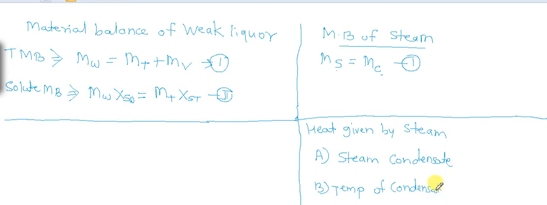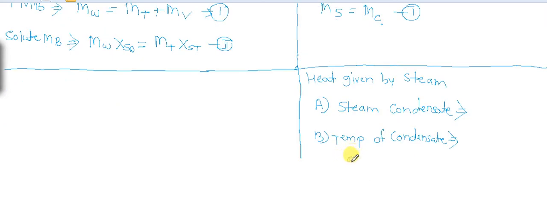So heat given by the steam is in two ways: how much heat is given when steam condenses, and how much heat is given when the temperature of condensate decreases from Ts to T, where Ts is the input temperature of steam and T is the outlet temperature of condensate.